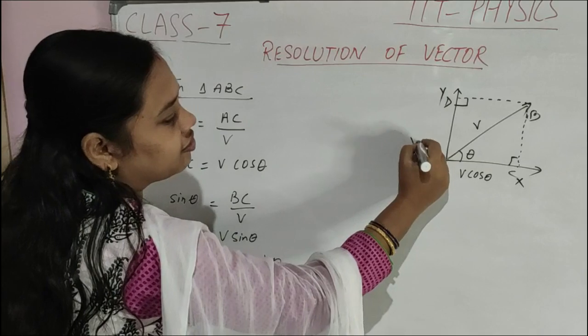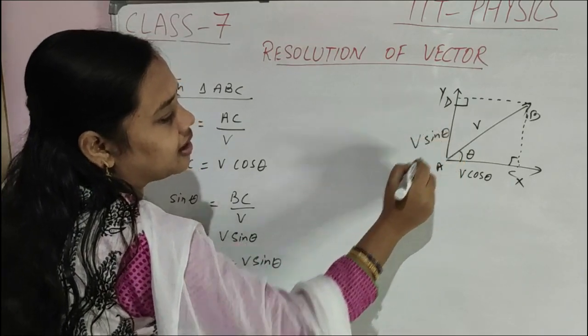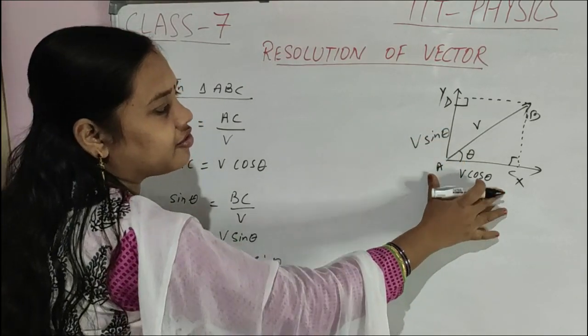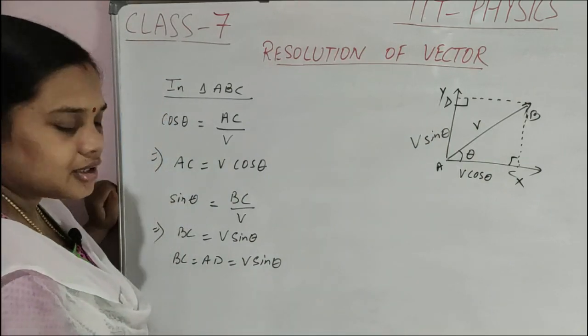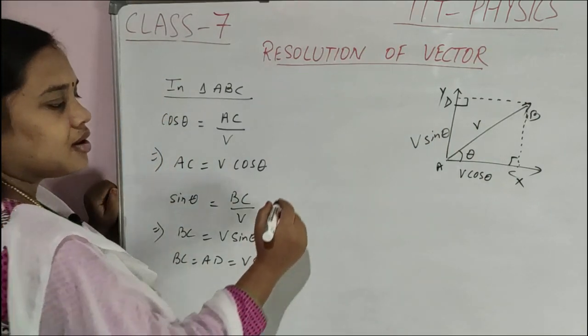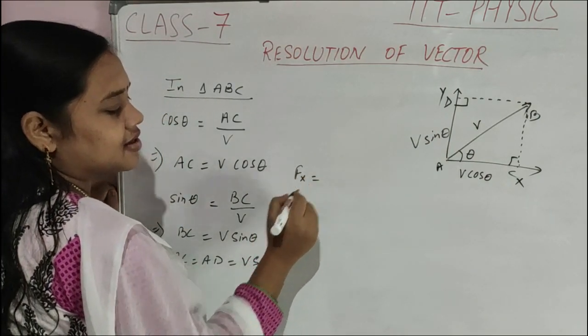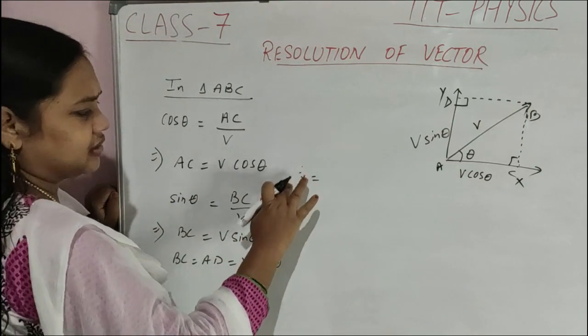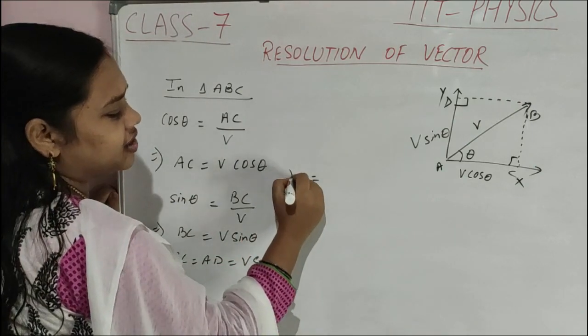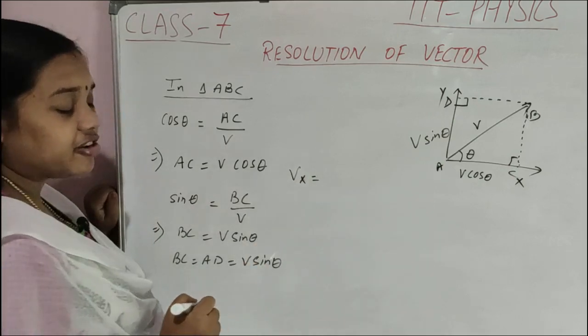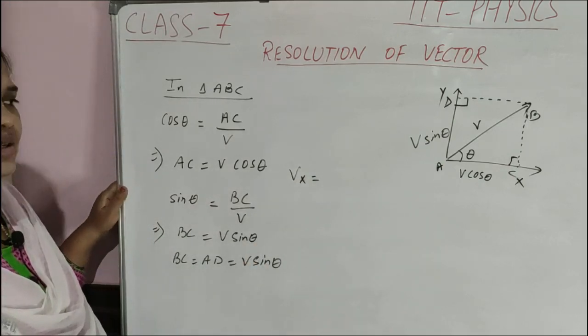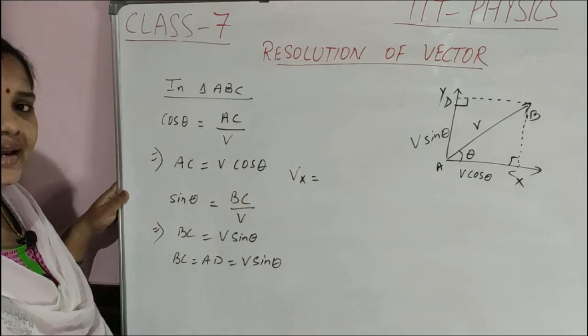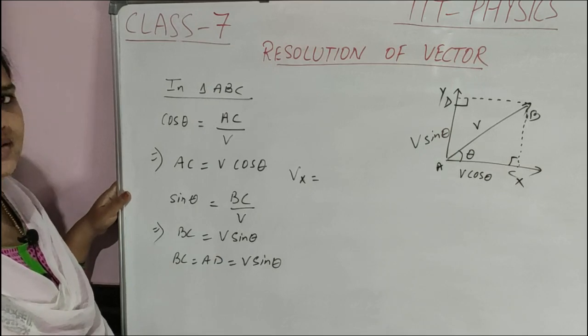So we got the x component and we got the y component. Here you have taken V as the vector. Vx means the vector in the x direction, or in the x component.